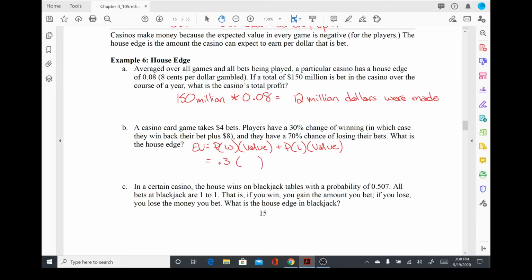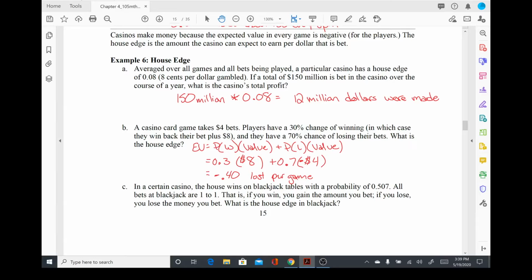What do you win? You win $8. What's the chance of losing? 70%. What do you lose? You lost your $4 bet. So where are we? Oh yeah, don't forget the negative because you lost that $4. All right, so you're losing 40 cents per game.